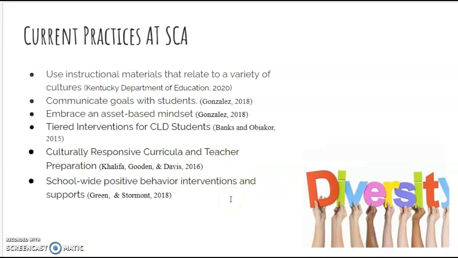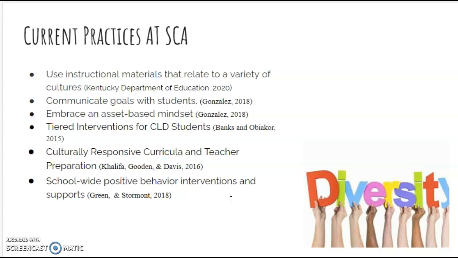Also currently at SCA, we use instructional materials that relate to a variety of cultures. We communicate our goals with students. I primarily see this, especially when we start talking about our NWEA and our different testing that we do, really showing these goals to our students and how they're going to build towards those goals.